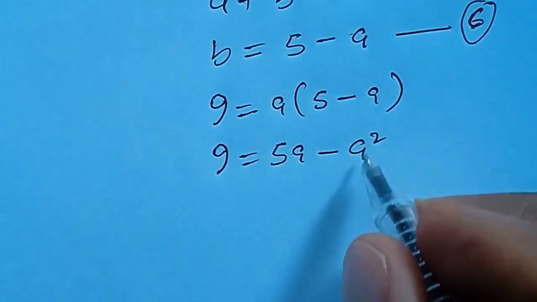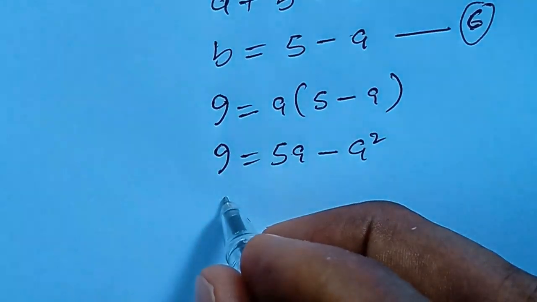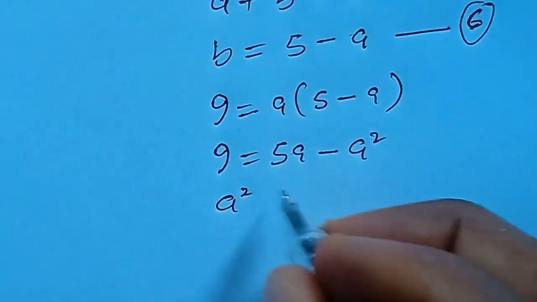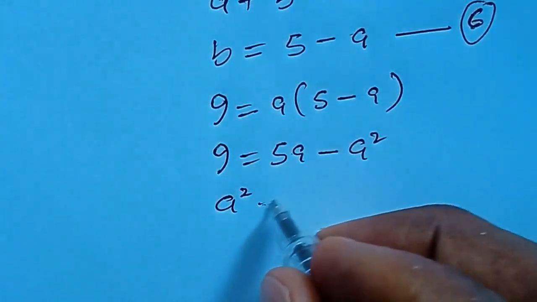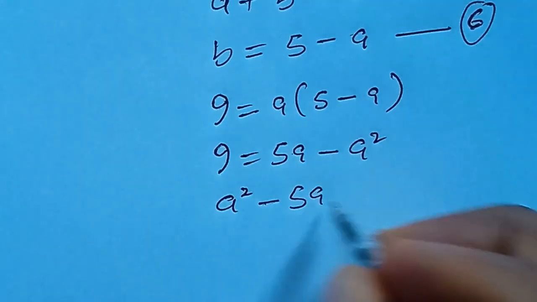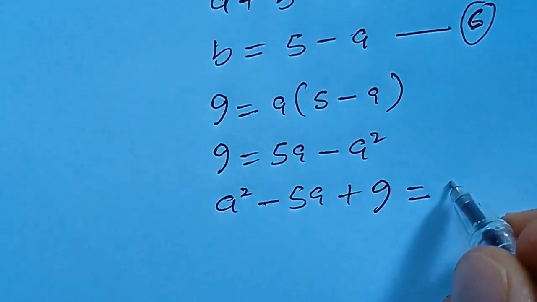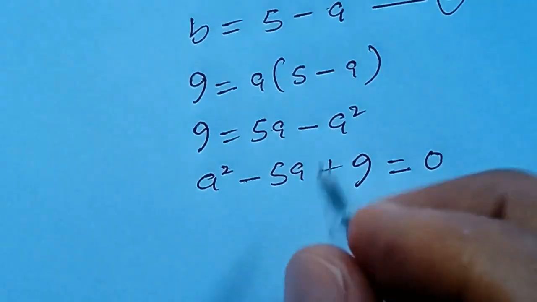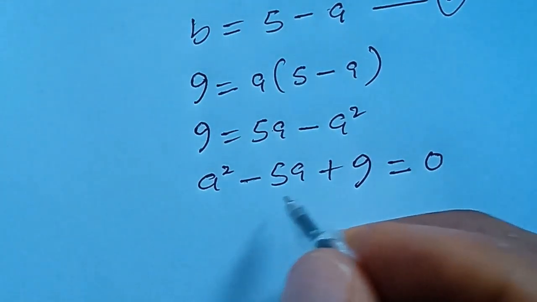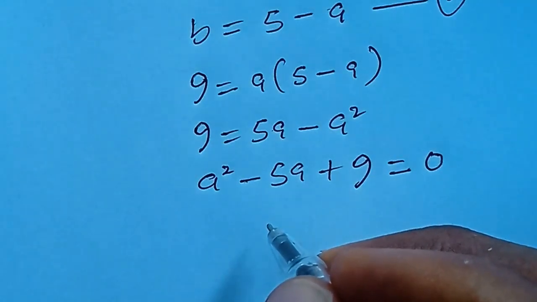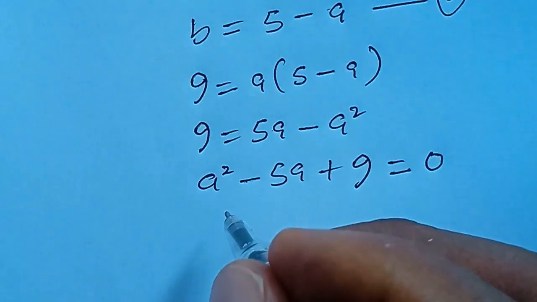So we can move this to the left hand side. We have a squared minus 5a plus 9, everything equal to 0. We now arrive at a quadratic equation which cannot be factorized, so we use the quadratic formula to solve.